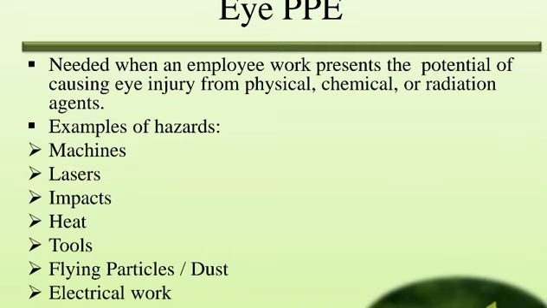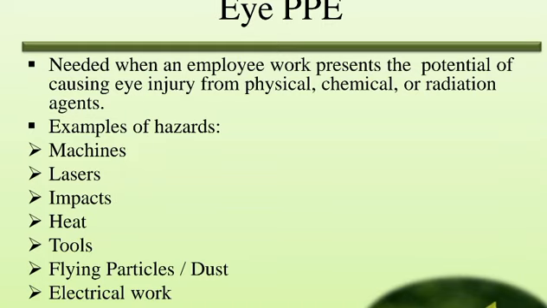It is needed when an employee's work presents the potential of causing eye injury from physical, chemical or radiation agents. Eyes are one of the most important organs as well as vulnerable parts of the human body. Eyes are easily injured by many things such as small particles, chemicals, biological agents, sometimes strong visible light and non-visible rays too. So eyes should be protected by using appropriate eye protection.